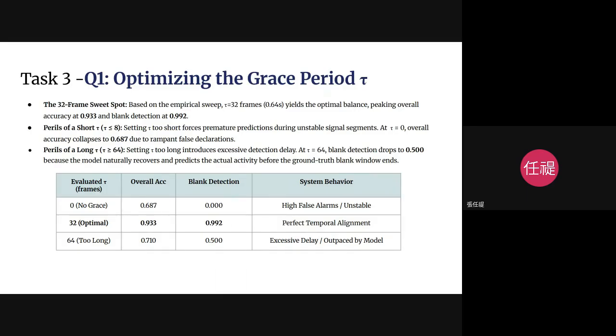On the other hand, if we make tau too long, like 64 frames, the model actually beats our ground truth. It starts predicting the true activity prematurely, causing blank detection to plummet to 50%. Therefore, 32 frames is mathematically the optimal threshold for our dataset structure.